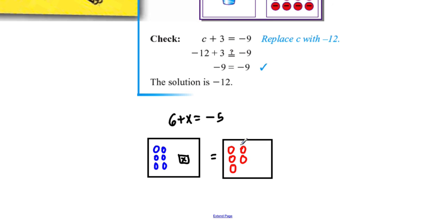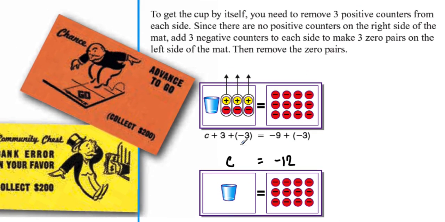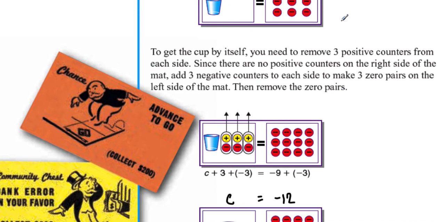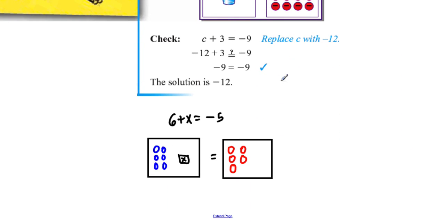Okay? So just like what we did in this example, to get the cup by itself, we need to remove, instead of 3 positive counters, we need to remove 6 positive counters from each side. But the problem is, since there are no positive counters on the right side of the mat, we simply add 6 negative counters to each side to make 6 zero pairs, and then we simply remove the zero pairs.